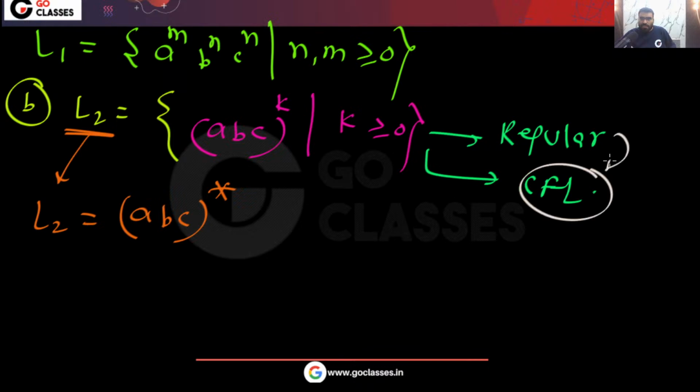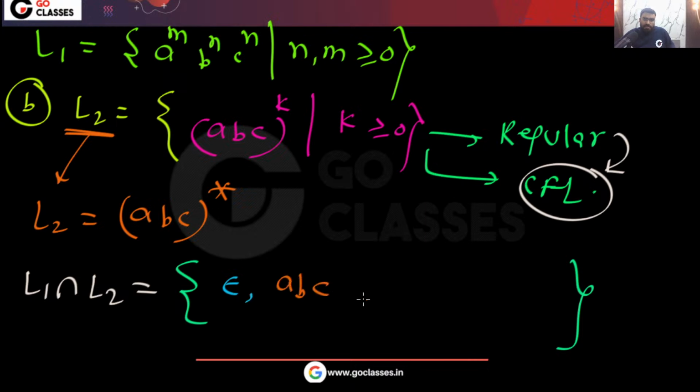Every regular language is CFL. Now tell me, what is L1 intersection L2? If you take the common strings, there are only two strings common. One is the empty string. The another string is ABC. No other string is common.